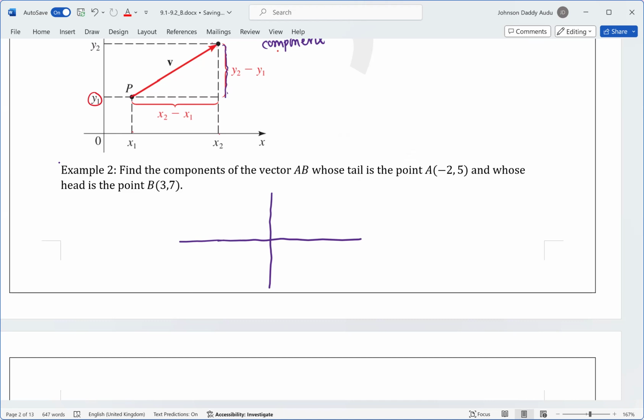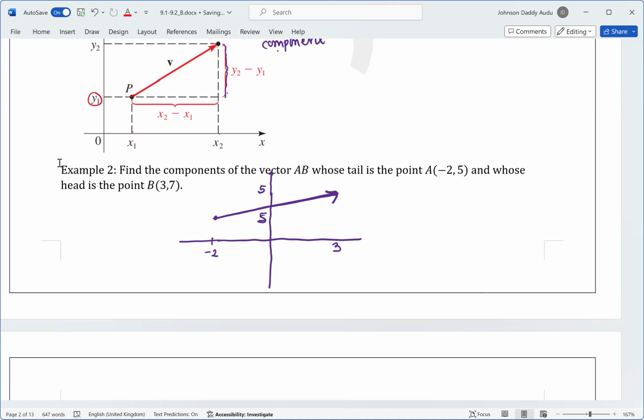So its tail is going to be somewhere here, maybe. Minus 2 and 5, this is the tail. And whose head? The head is 3 and 7. So it's going to be in the first quadrant. So you just have something like this. Say this is 3 and 7. So this is the vector we're talking about.